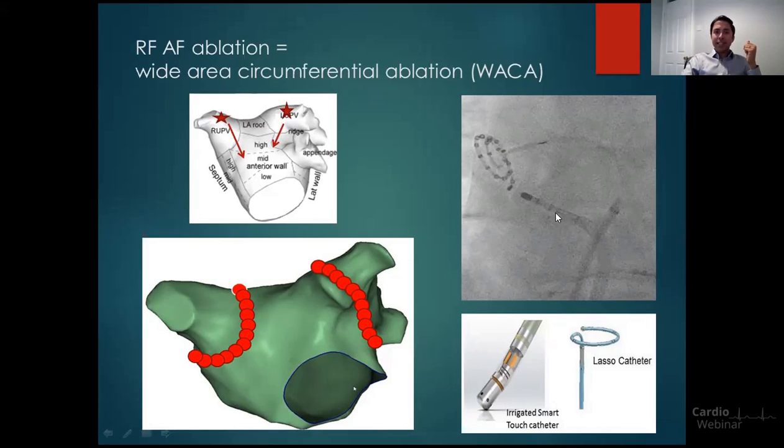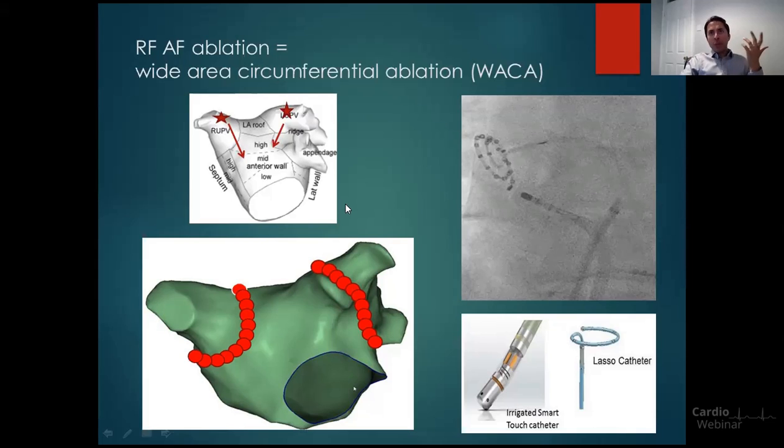And here you can see that structure within the left atrium on a fluoroscopic image. What it does is deliver a series of point-by-point ablations around the pulmonary veins in order to electrically disconnect these veins from the body of the atrium.